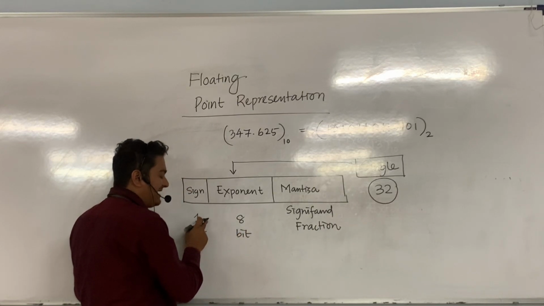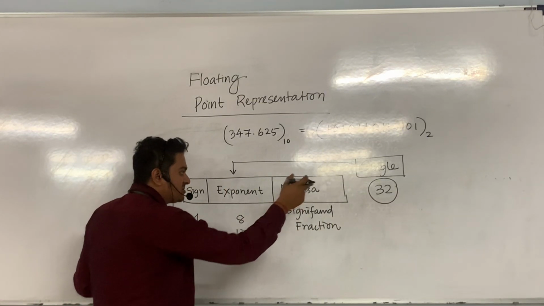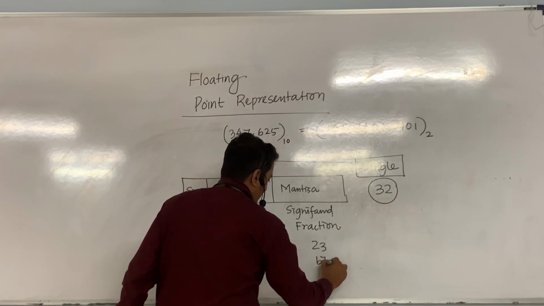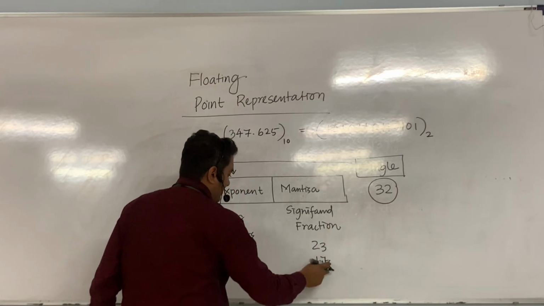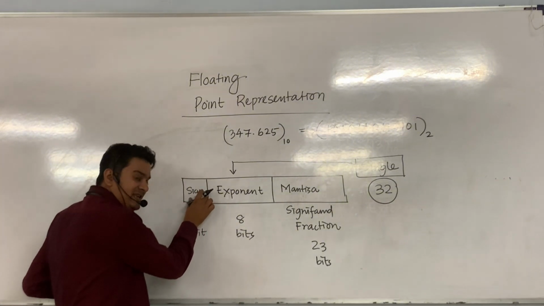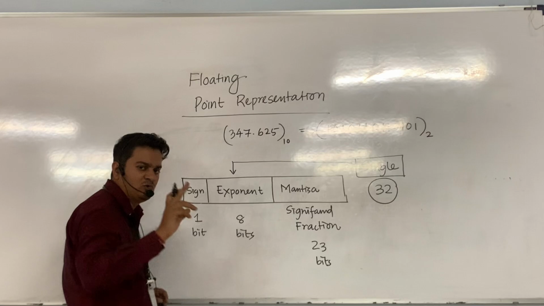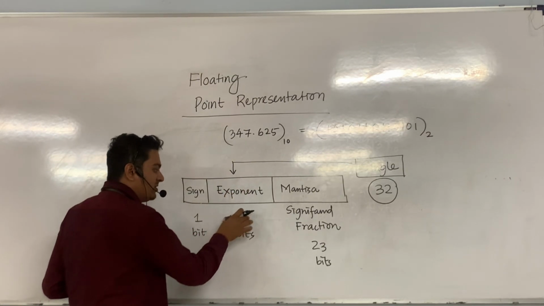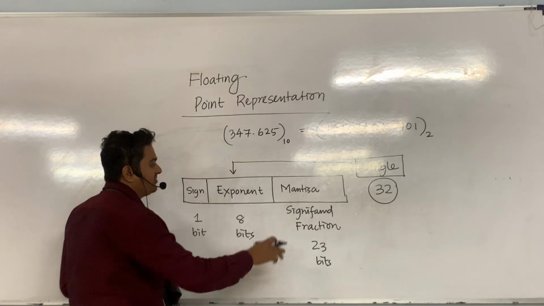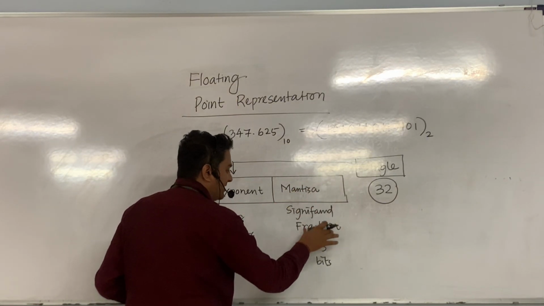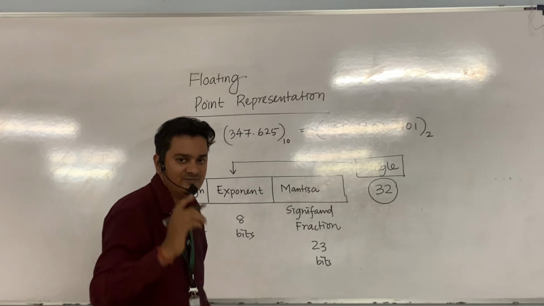So 1 plus 8 is already 9, so the remaining is 23 bits. To represent the sign of the number, we use 1 bit. To represent the exponent, we use 8 bits. To represent the mantissa or the fraction or the significand, we use 23 bits.